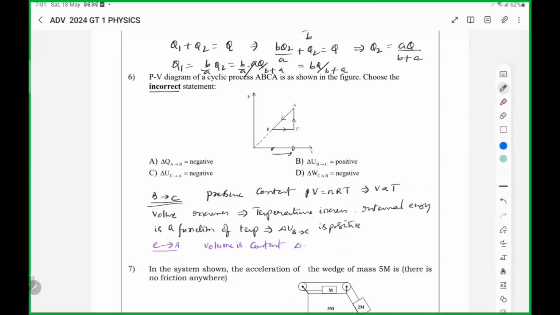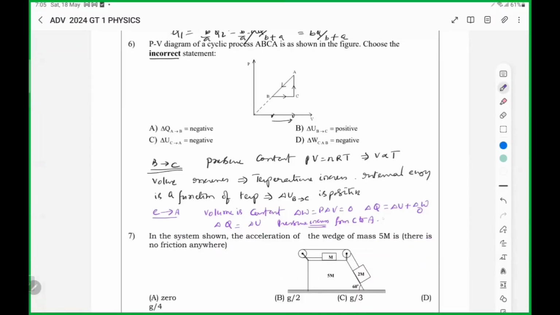Volume is constant means work done is 0. So delta Q is delta U plus delta W. Work done is 0. Then delta Q will be delta U.